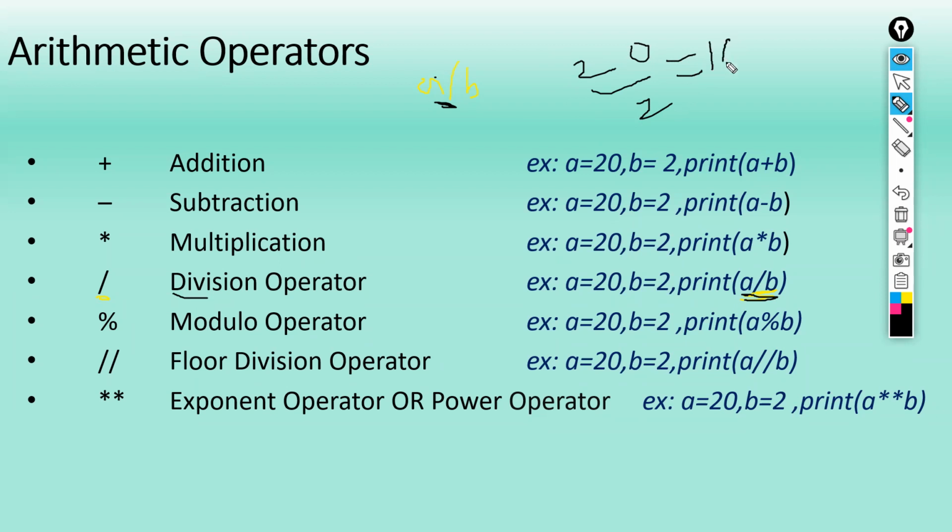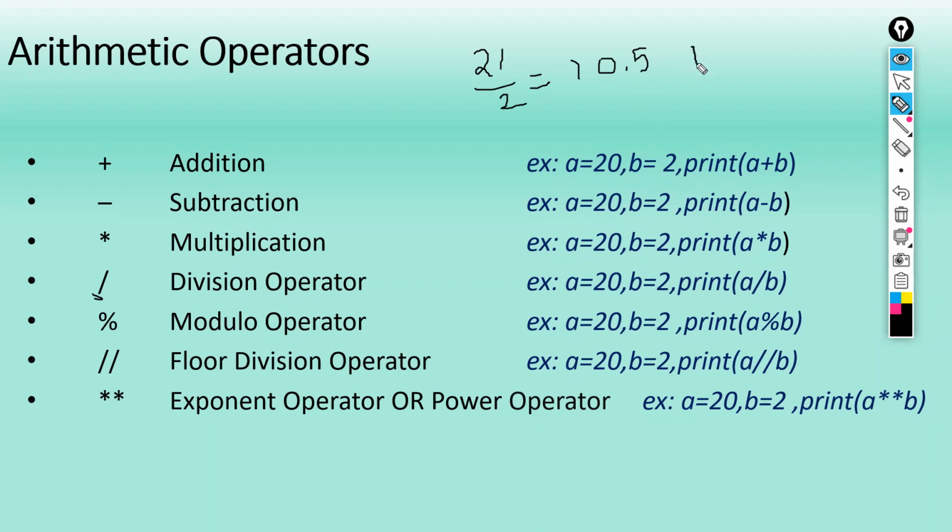Simply it's 10. Or else, if I take 21 by 2 instead of 20, what is the value? Simply 10.5. It gives an exact division value using this operator. We can say division operator, but the symbol is slash.